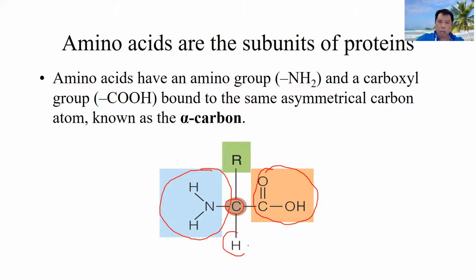A hydrogen atom is also bound to it. So these three, an amino group, a hydrogen atom, and a carboxyl group, bind to the same asymmetrical carbon. And also an R group here, or we call it a side chain.